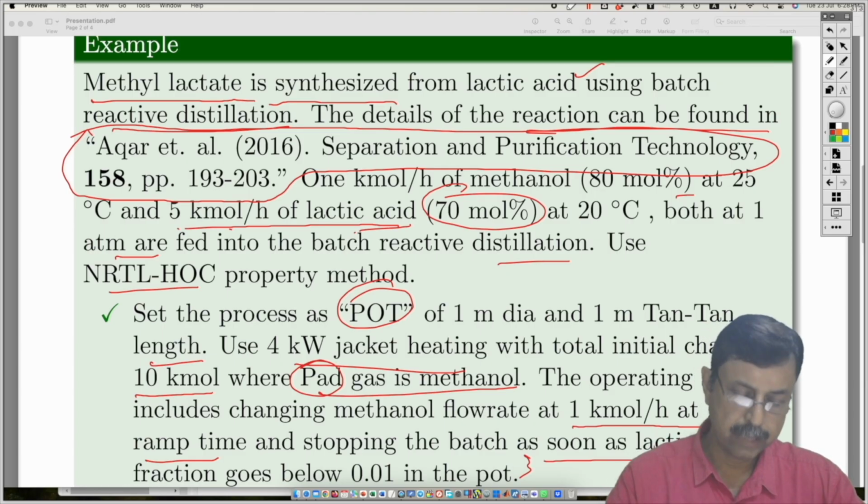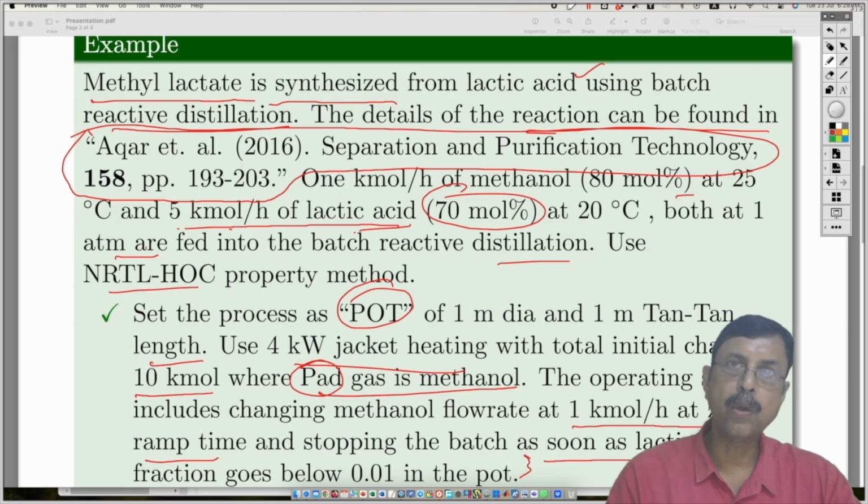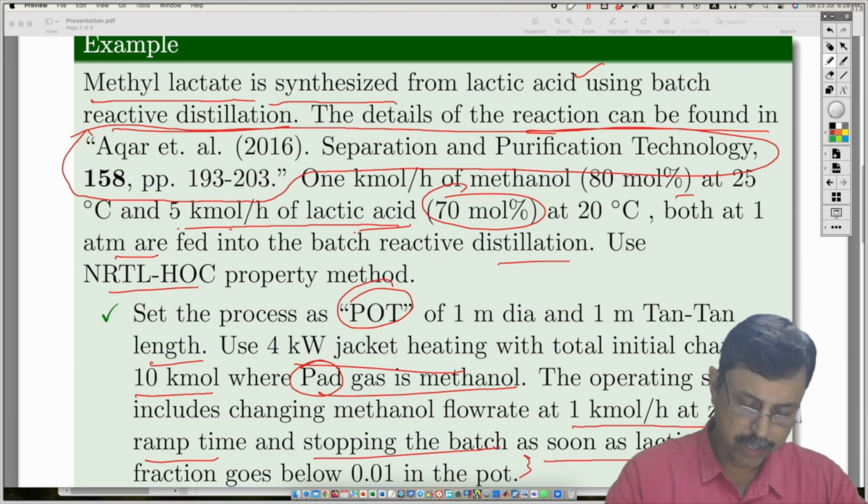So obviously when the methyl lactate is being synthesized, the amount of lactic acid will also go down. So here they say that as soon as the lactic acid fraction goes below 1%, then the separation should stop. Okay, so that is the condition that we have.